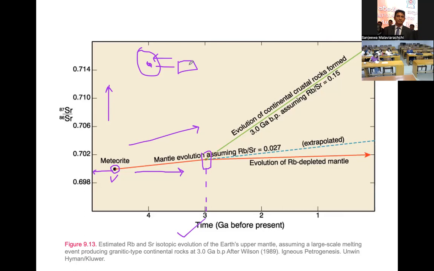Some sort of plate tectonics started at that time, meaning some kind of motion of plates because of the production of continental crust. There should be a density contrast. Otherwise, there will be no motion. Unless you have a density contrast, there will be no sinking or collision or whatever. Nothing will be there, right?